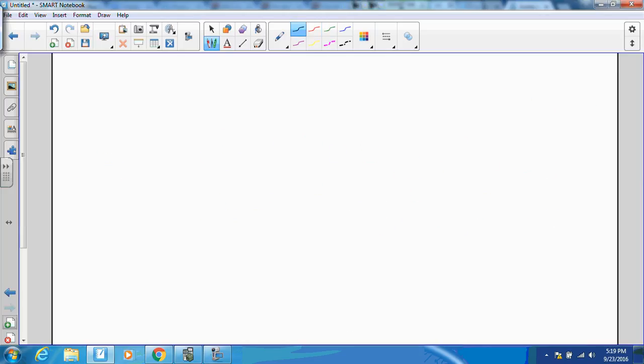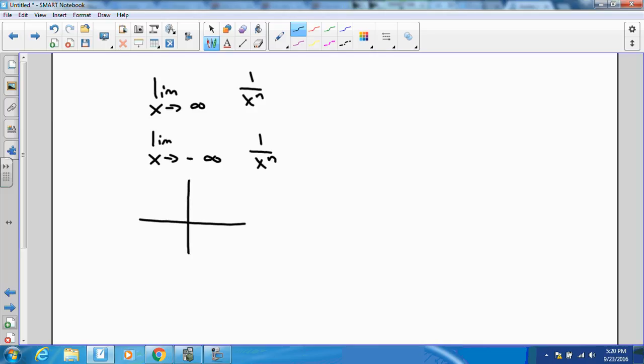If we consider the opposite question, what is the limit as x goes to infinity of 1 over x to the n, or the limit as x goes to negative infinity of 1 over x to the n? Things get very much simpler. Because the graph of 1 over x to the n when n is even goes to 0 in both positive infinity and negative infinity directions.